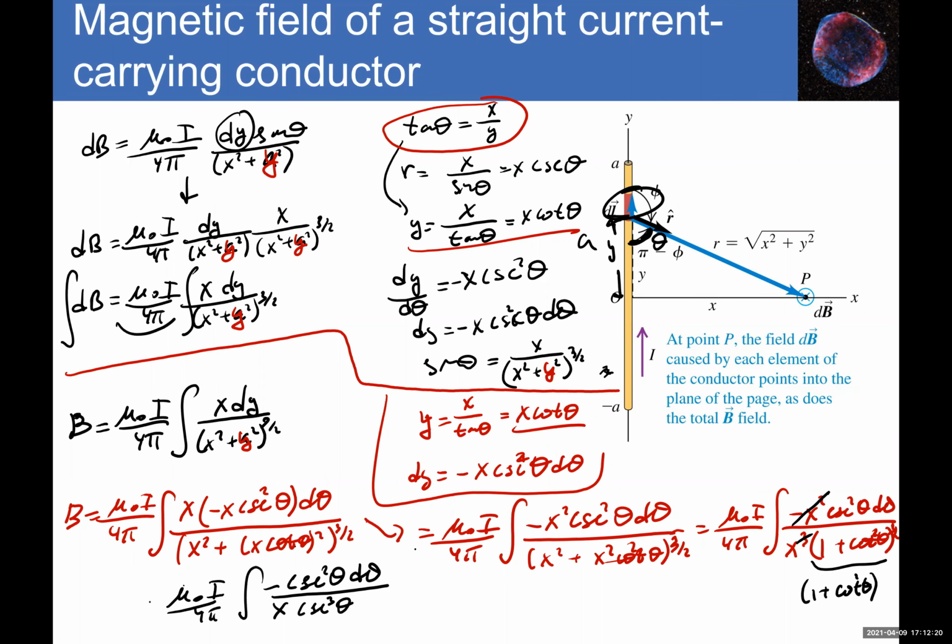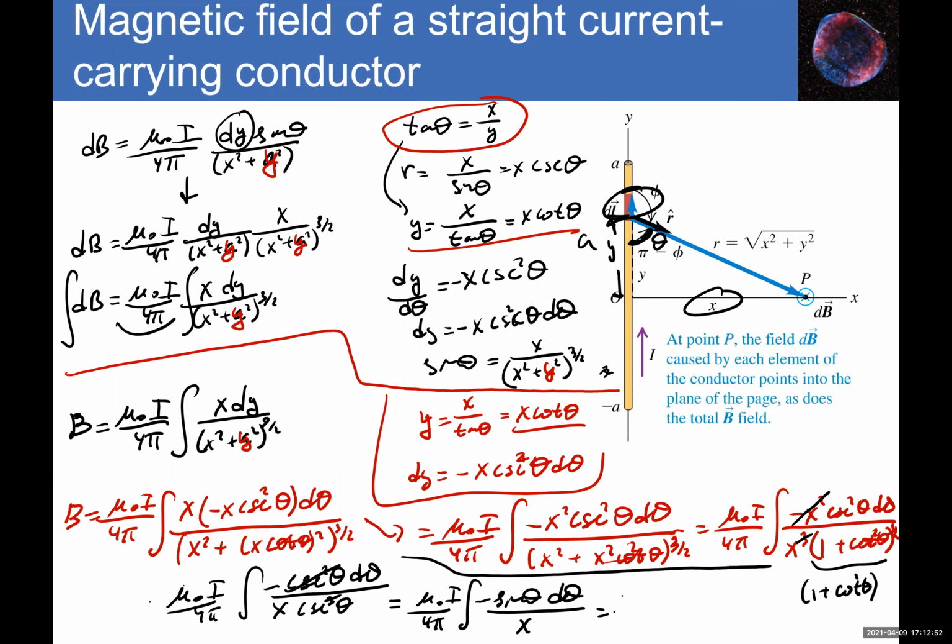That means from here, what I get is mu naught I over 4 pi integral. So this goes away with that. I have 1 over cosecant squared, so 1 over cosecant theta, and 1 over cosecant is basically a sine. So it becomes negative sine of theta d theta over x, which x at this point is nothing but a constant, so it can come out.